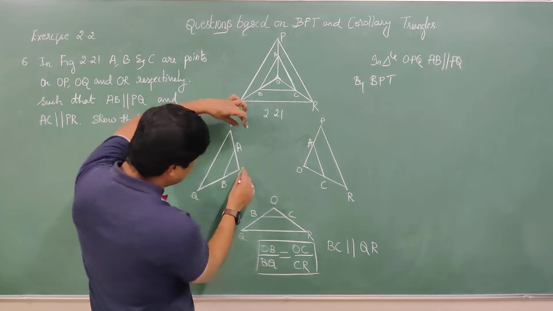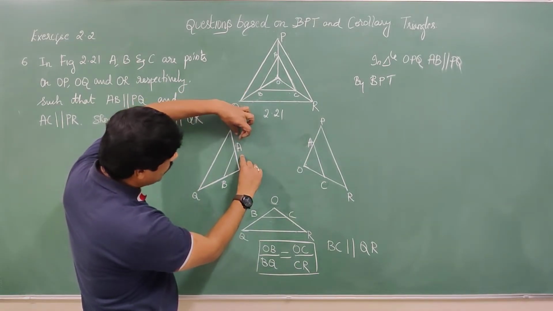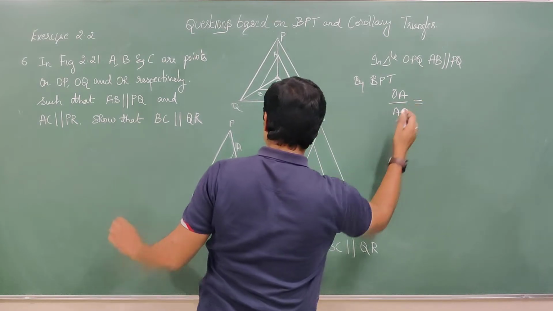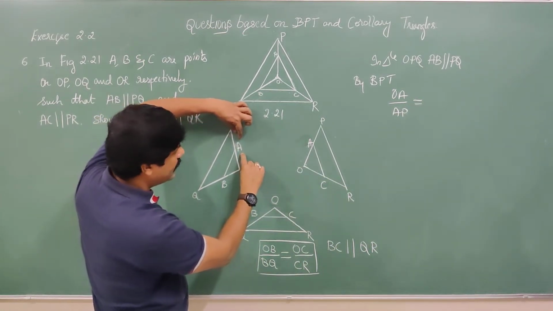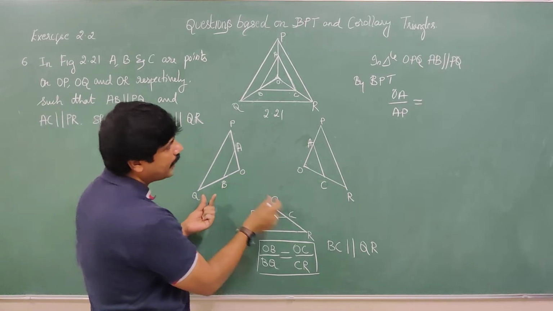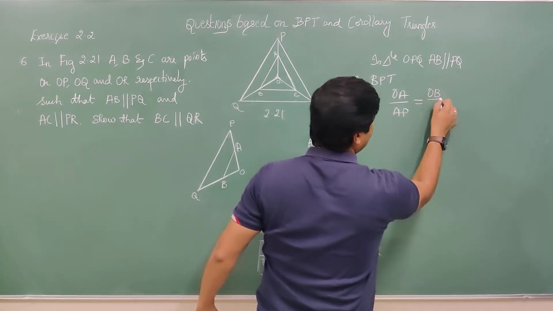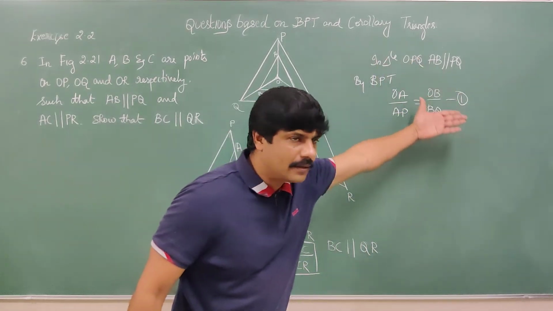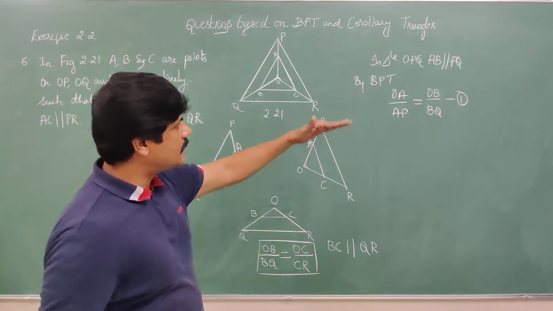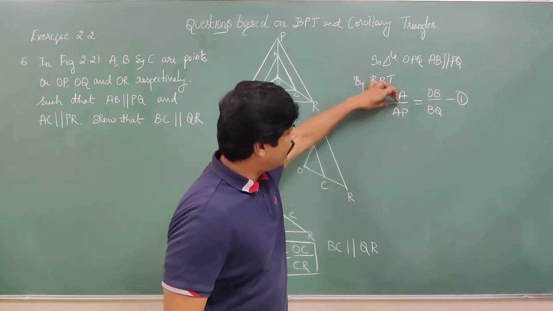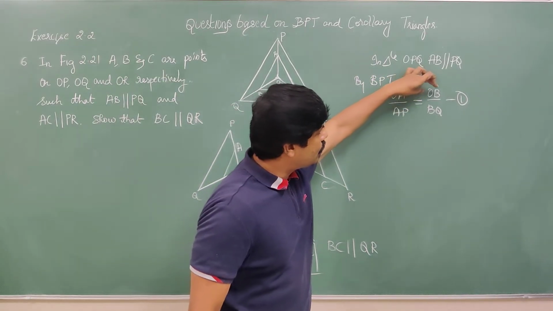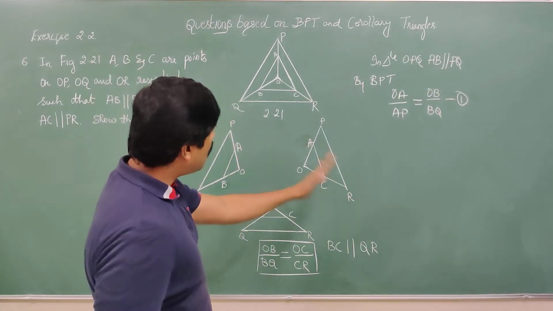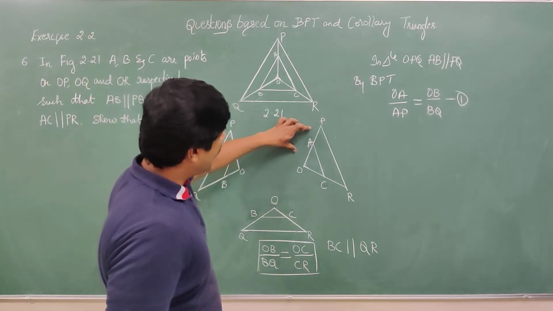That means OA by AP is equal to OB by BQ. Notate this as 1.